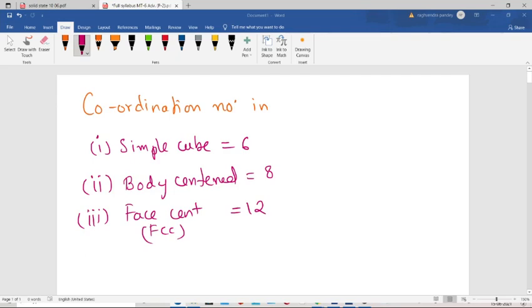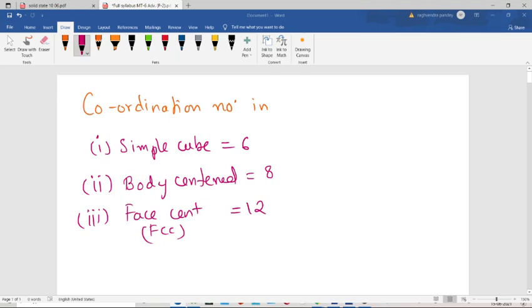Which option will you get? A, B, C, D option. Yes, Ansh.